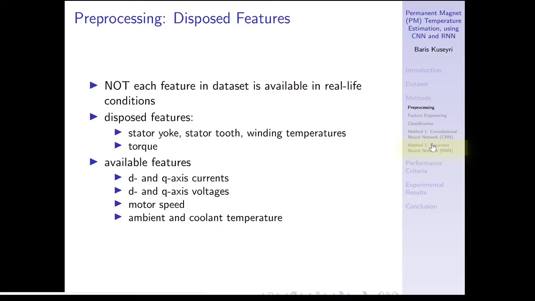The disposed features are stator yoke, stator tooth, and winding temperatures. And also I disposed the torque output because it is also not available in real life. So the features left are D and Q axis currents and voltages, the motor speed, and ambient and coolant temperature.